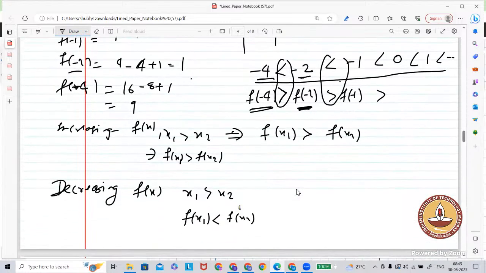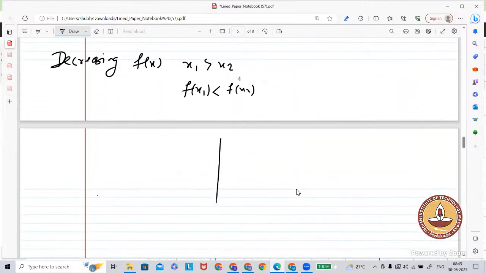So here is one thing to be noted. I told you about multiplicity, where if it is even, then it touches and goes back. So this is one kind of turning point, in the even case.